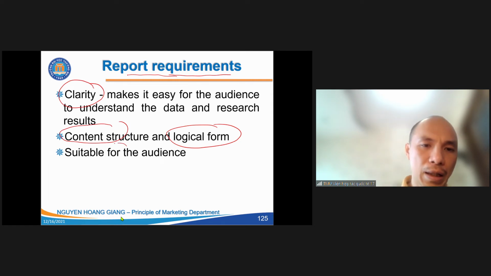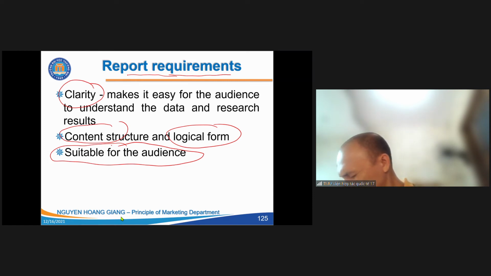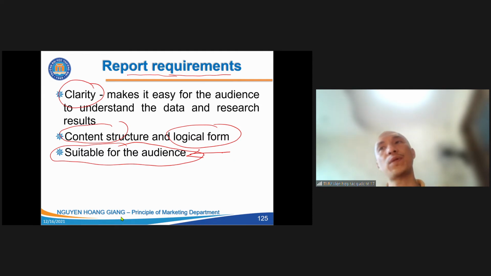And the way we report should be suitable for the audience. For example, if the audience is students, then we have different ways. If the audience is officers or others, then we have a different way of reporting.